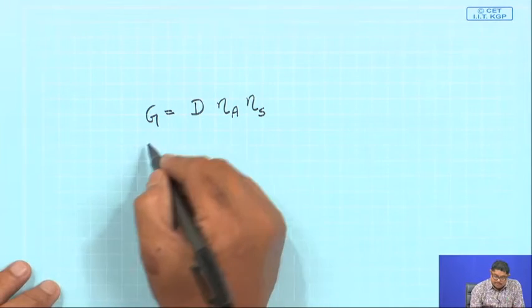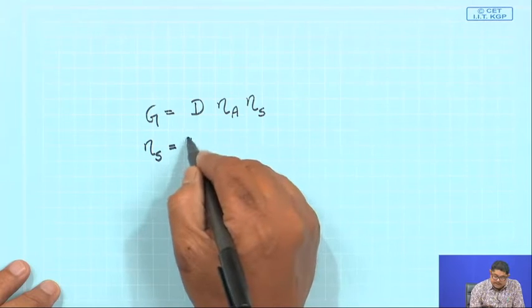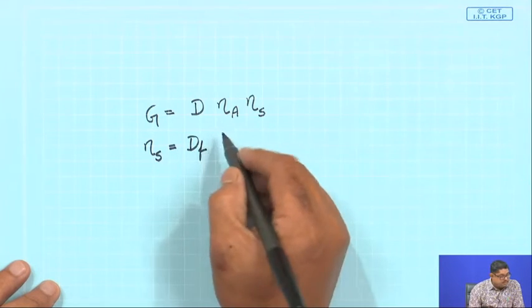I think if you remember, we have written the spillover efficiency expression as the directivity of the feed.